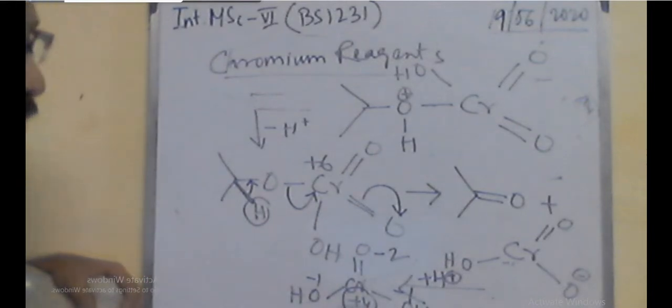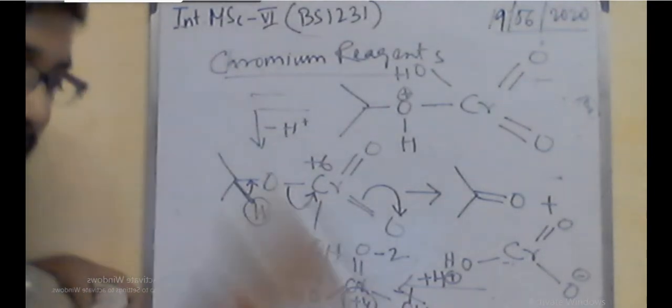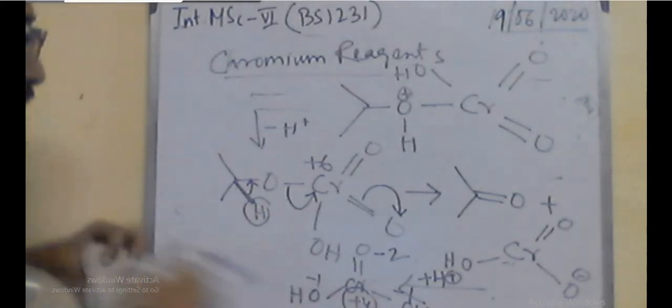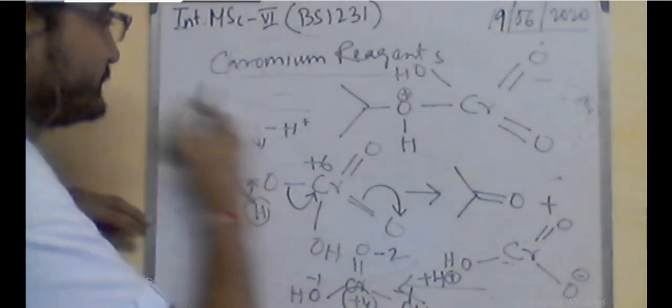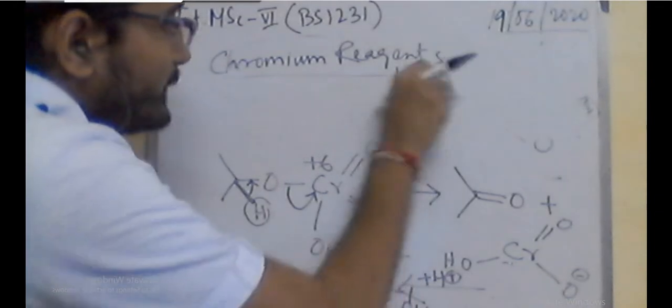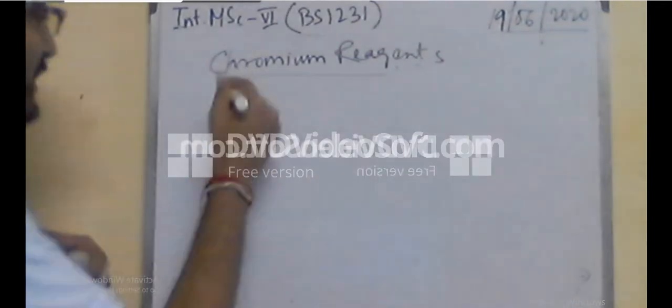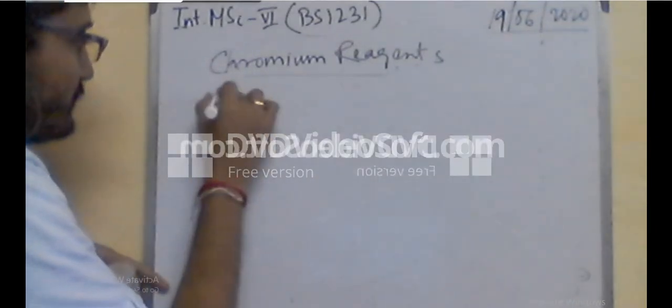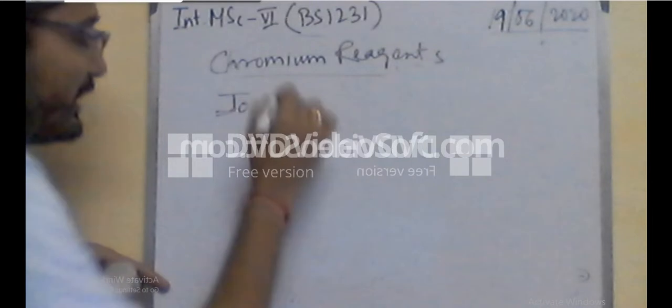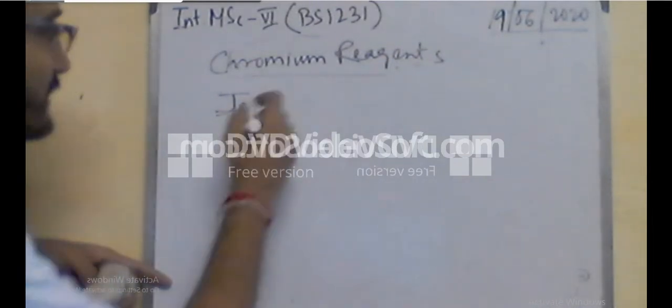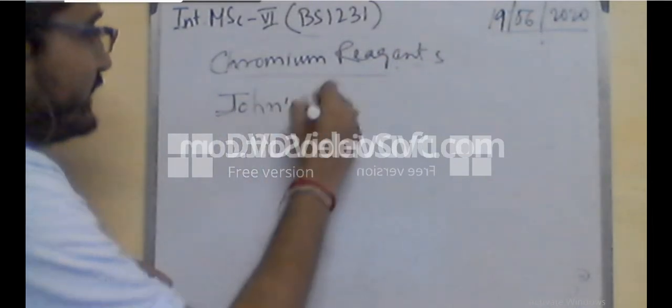The Jones, you need not know the mechanism, but this is for your information, since someone can ask you what is Jones reagent. Basically this is aqueous chromic acid plus acetone plus acetic acid or sulfuric acid.